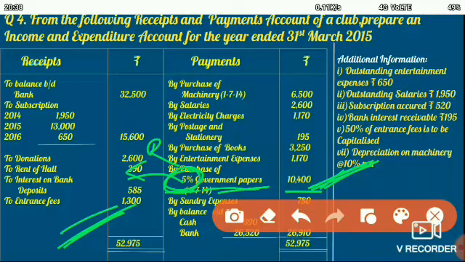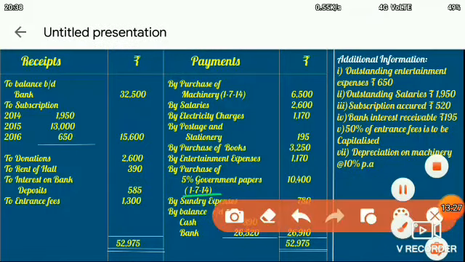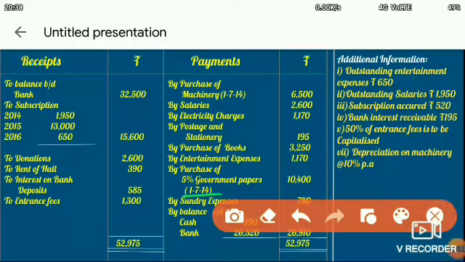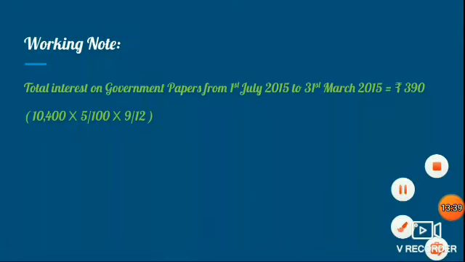So here we have to see when this investment was made. It was made on 1st July 2014. So we have to calculate the interest from 1st July 2014 to 31st March 2015. So when we calculate, this is the amount that we will get.